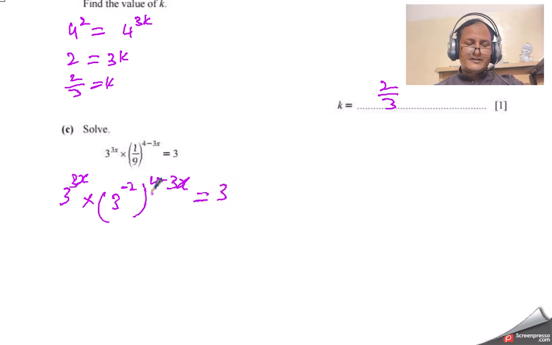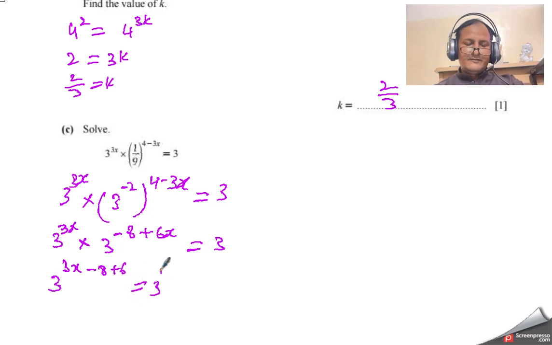In the multiplication, basically we have 3 to the power 3x times 3 to the power minus 8 times 3 to the power 6x. On multiplication, we add up the exponents: 3x minus 8 plus 6x.